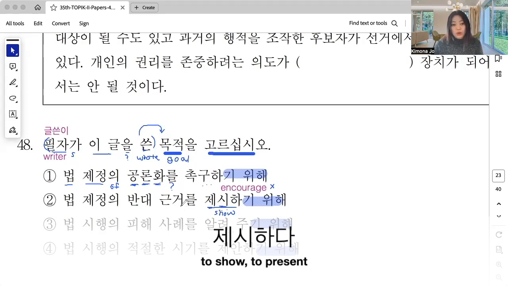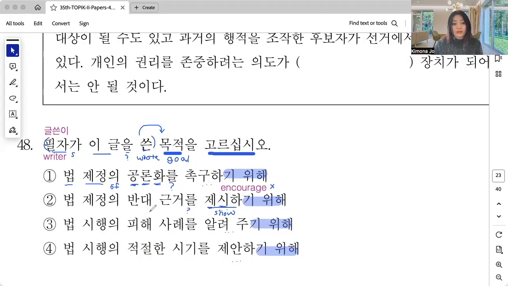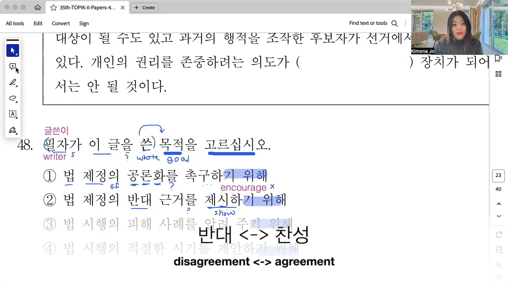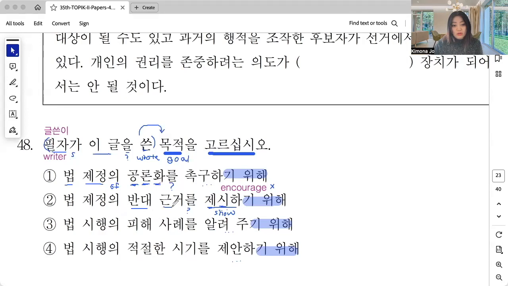In order to show what? 반대 근거. The opposite. 자, 반대 is the antonym of 찬성, agreement. So it's the opposite. Disagreement. 근거, proof. In order to show the opposite proof of the law making.